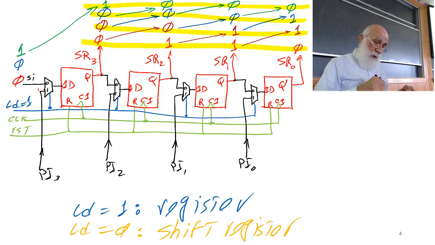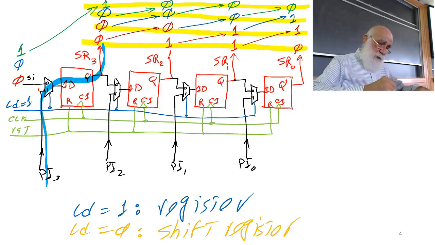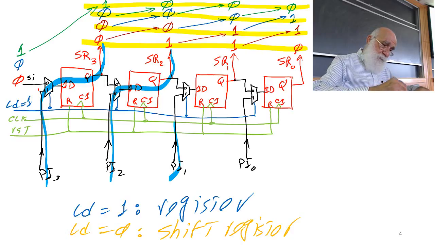Okay, if load is 1, what happens is these parallel inputs on the clock will go to the output. This goes there, this goes there. That's if load is 1.